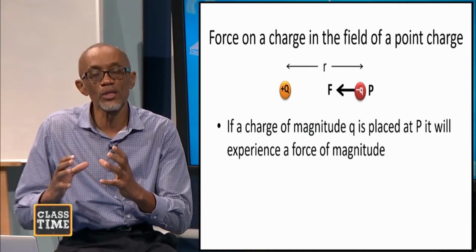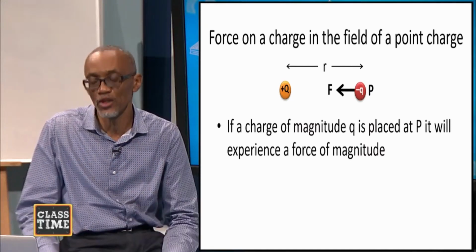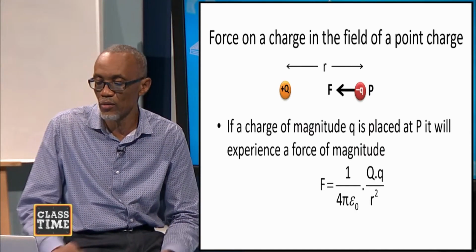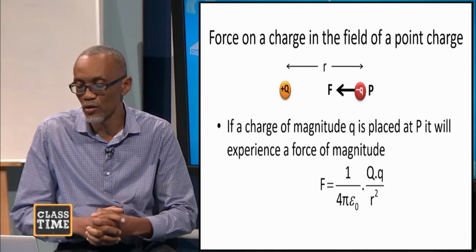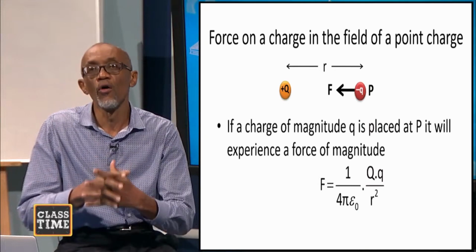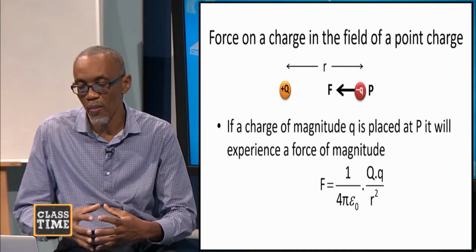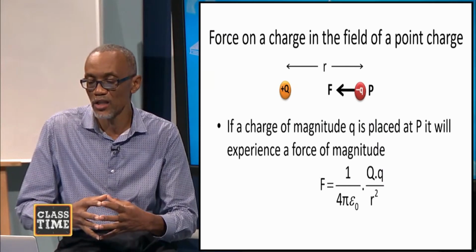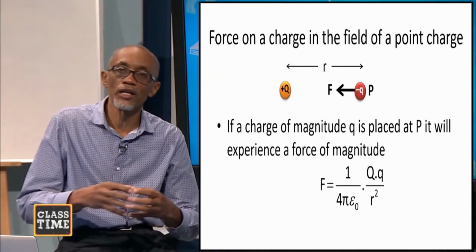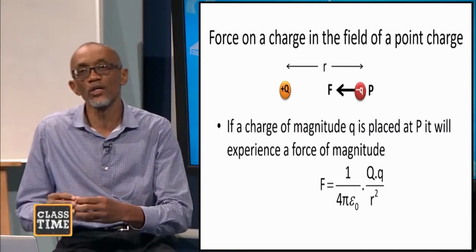So if we multiply that by the charge q, we get the magnitude of this force: 1 over 4 pi epsilon 0 Q times little q, over R squared. And that would be the force exerted by the charge capital Q on the charge little q.